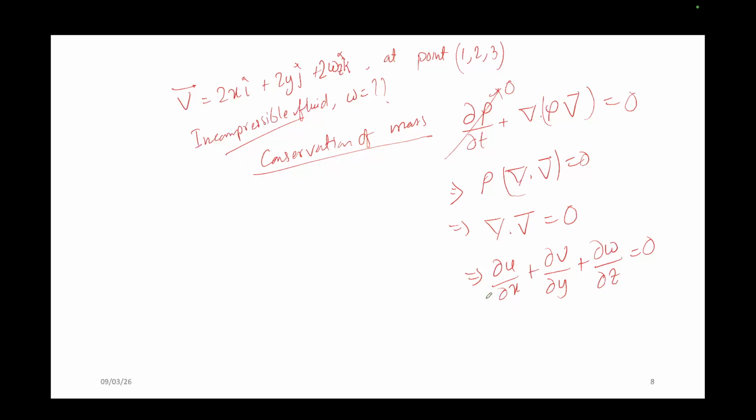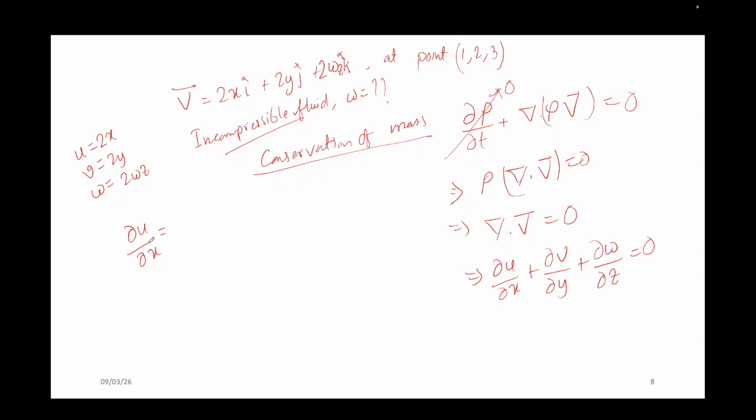Now I can find du/dx. What is u? Ayush, can you tell what is u, what is v, and what is w from this equation? So v is 2 x, y 2, so I can find the value.